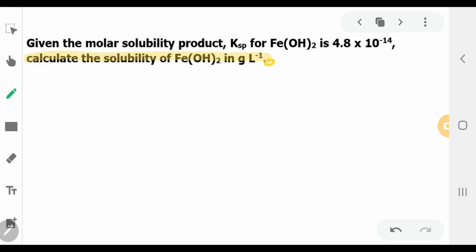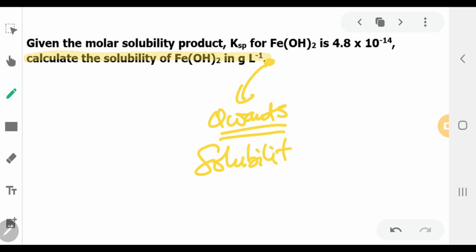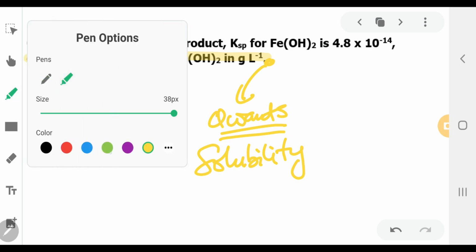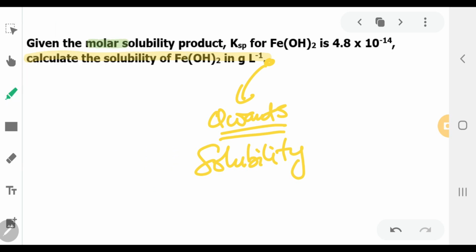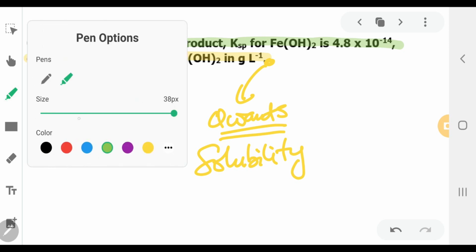So this is what the question wants, and it wants you to find the solubility, given the solubility product KSP, which is 4.8 times 10 to the power of negative 14.